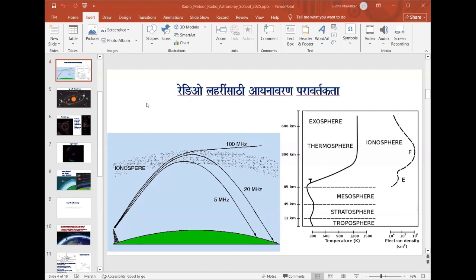So we are now trying to develop or create this facility in this manner, because low frequency transmitters are very few, and their power also should be sufficiently high, which is not available.